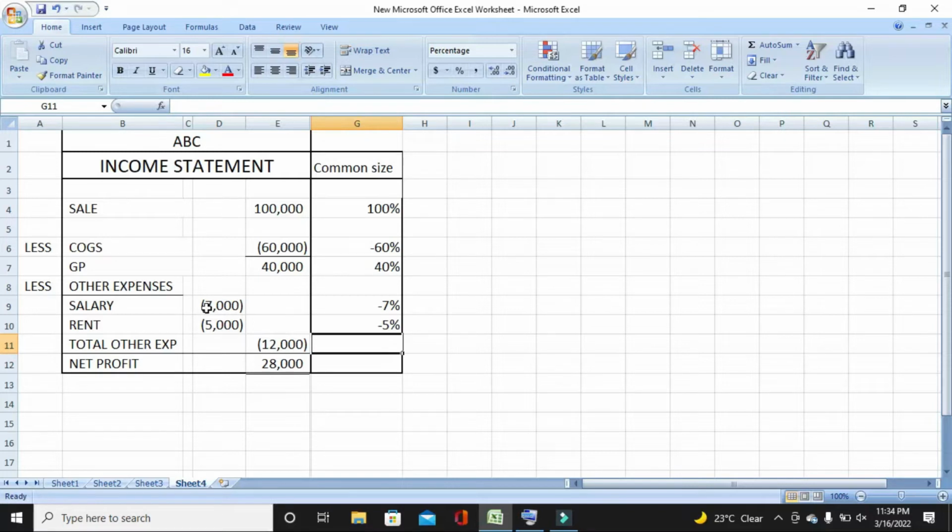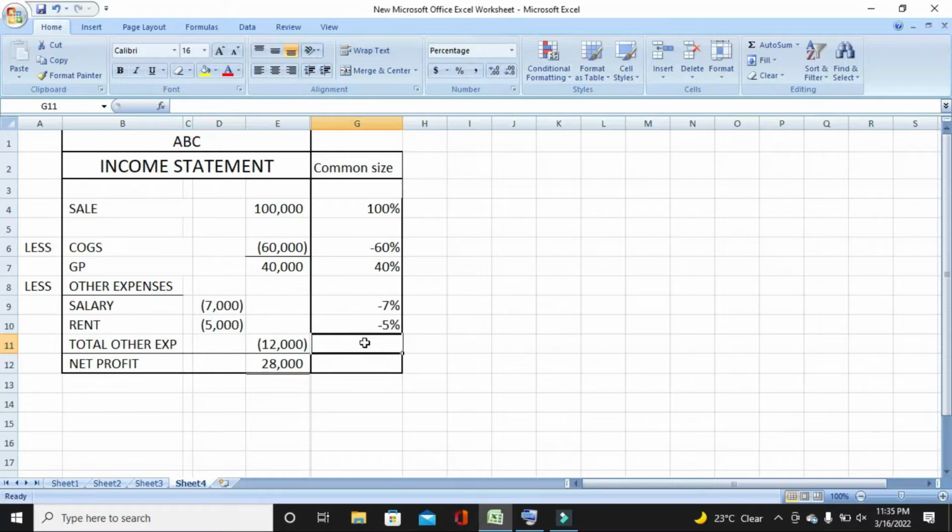This common size statement helps us to know where we have consumed our asset and the percentage of consumption, so we can control it if it is too high. It is very simple to calculate.